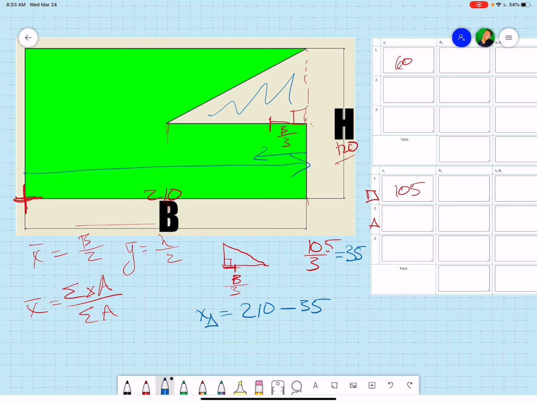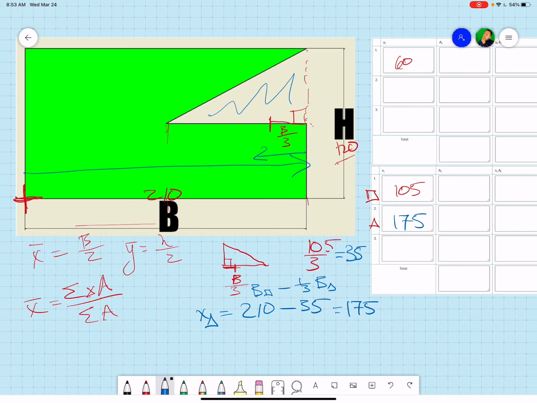And the way I did that was I just did the base of the rectangle, and then I minused a third the base of the triangle. Okay, so 210 minus 35 gets me 175. So I have 175 is the x location of that.